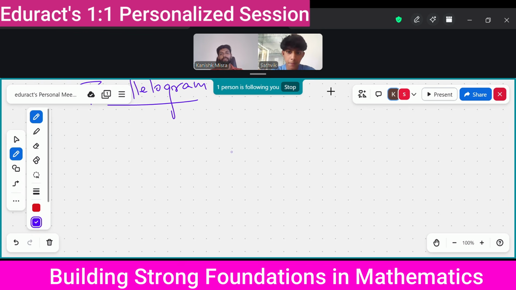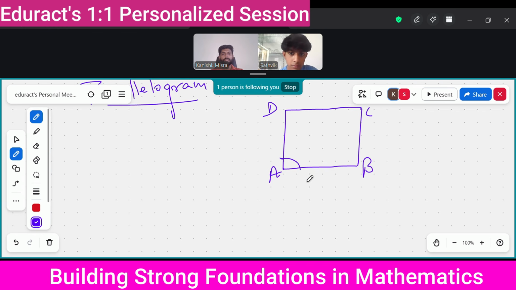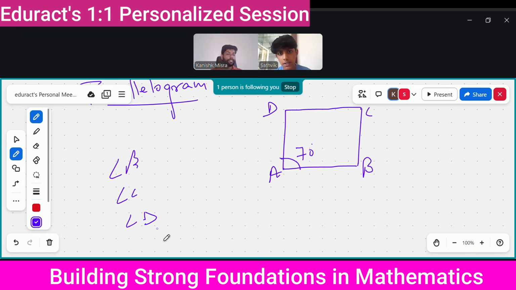Let's say this is your parallelogram ABCD. Angle A is given as 70 degrees. Find the measures of B, C and D. So should we do 360 minus 70 first? 360 minus 70.